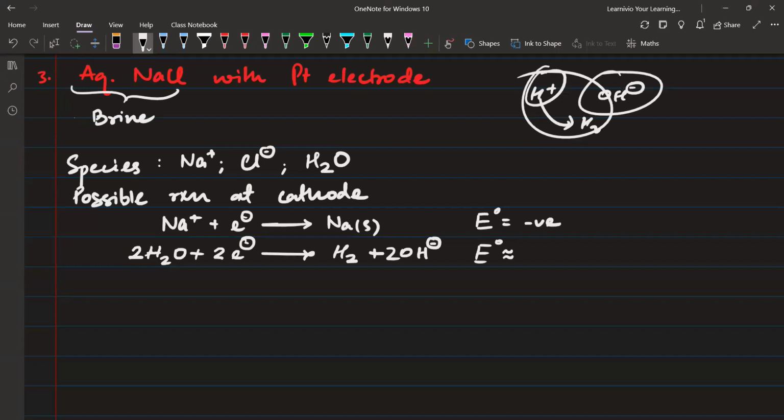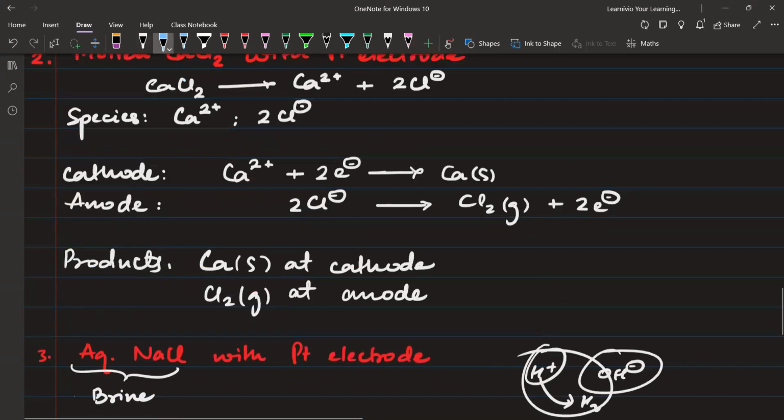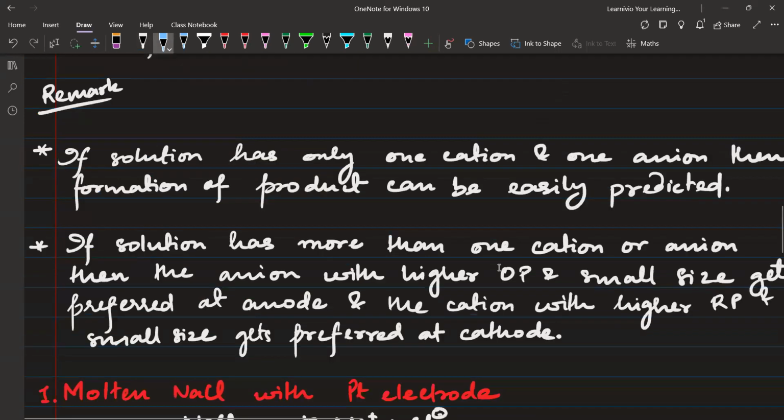So which is bigger, zero or negative? Obviously zero is greater than negative. There are two possible reactions, the reduction of sodium or the reduction of water. So what is going to take place? See, if the solution has more than one cation or anion, then the anion with higher OP and small size gets preferred at anode.